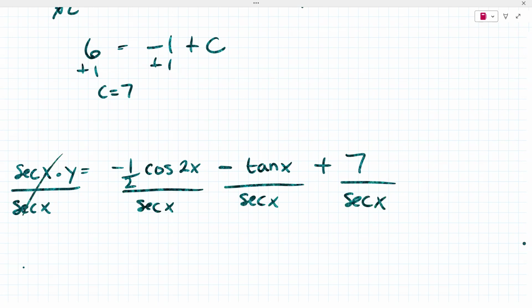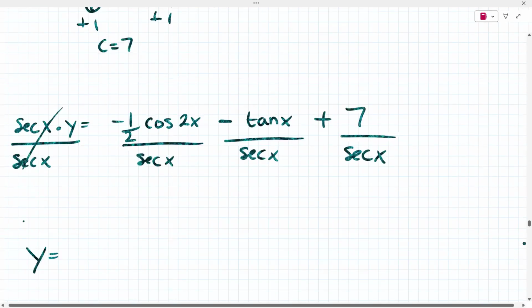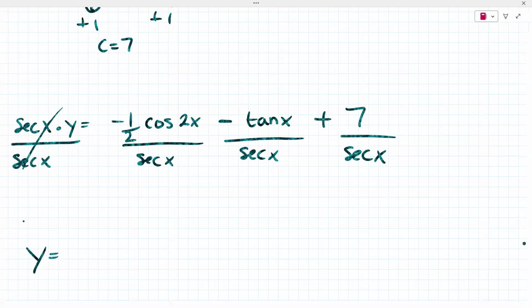So this cancels, and now you're left with y equals, if you simplify this a bit more, negative 1/2 cosine of 2x divided by secant of x, that just becomes positive cosine of x, right?